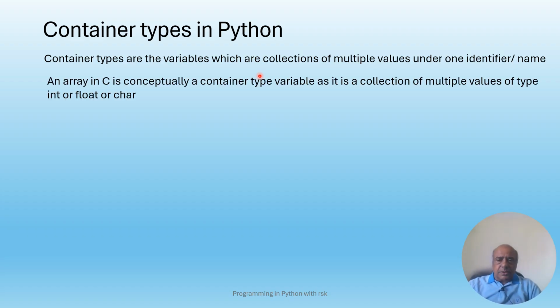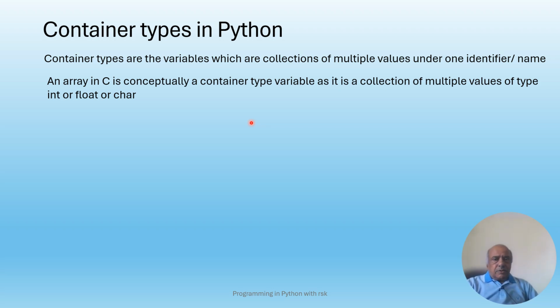A best example is an array in C. Conceptually, it is a container type variable. In C, there is no concept of container types, but in Python, we can say an array in C is as good as a container.